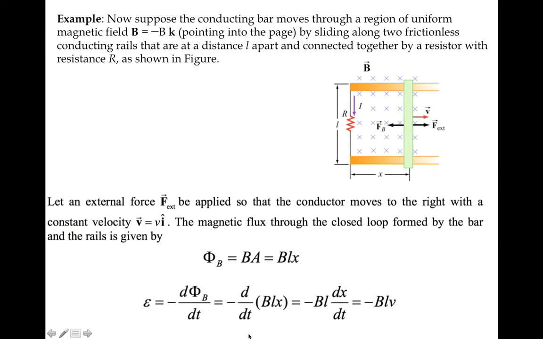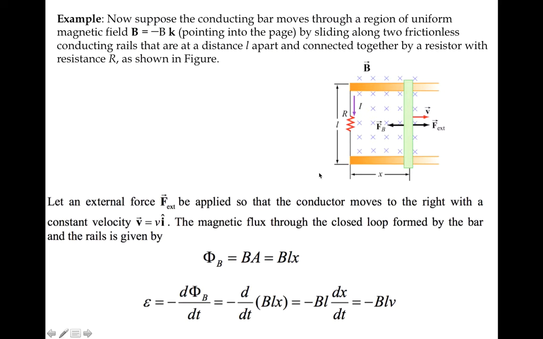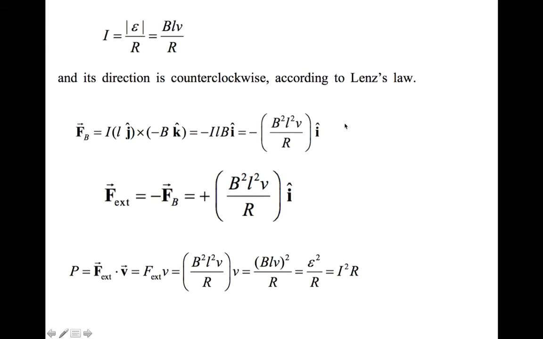My induced current is simply the induced EMF divided by the resistance, and the resistance is this guy over here. Because it's negative, the direction is counterclockwise. Counterclockwise means that along the rod, it's this way.